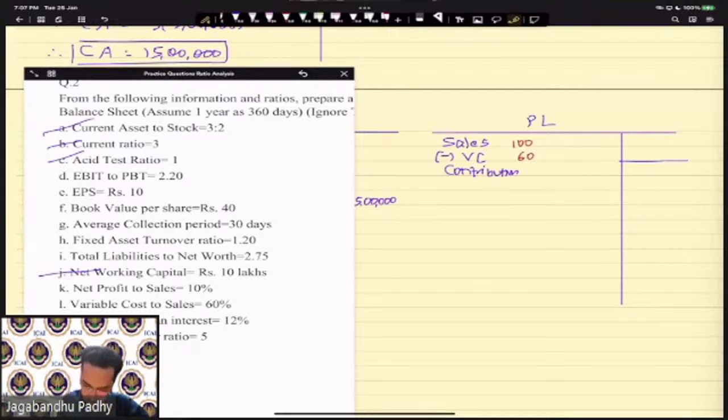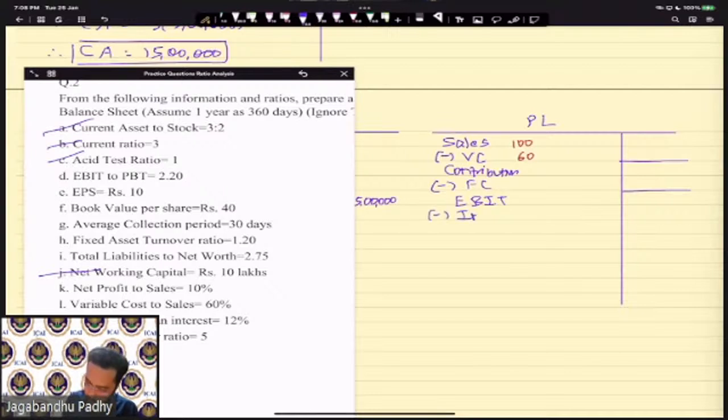After contribution, we need to subtract the fixed cost, which again we have no information about. So we get earnings before interest and tax, which again is not available.